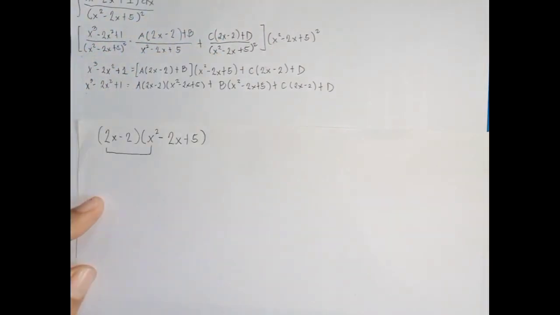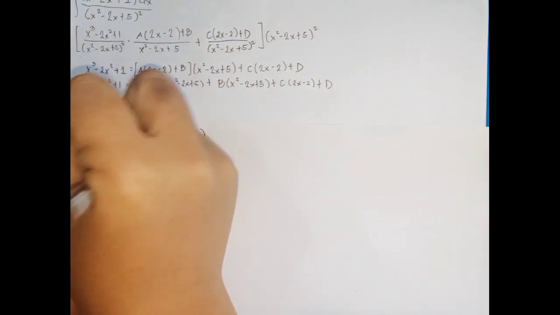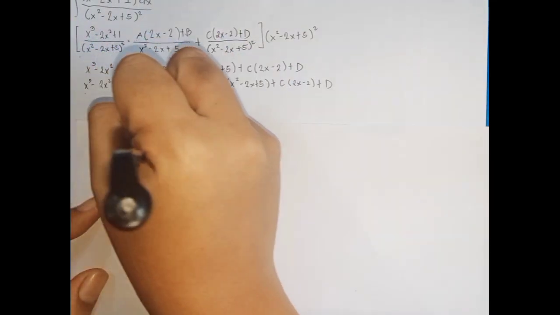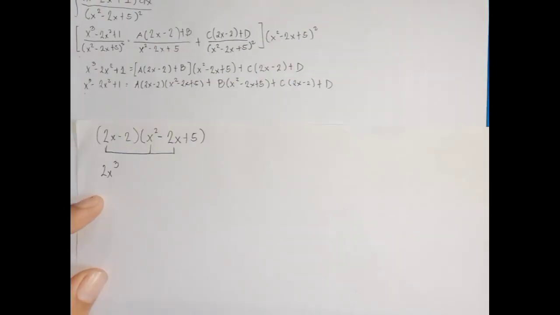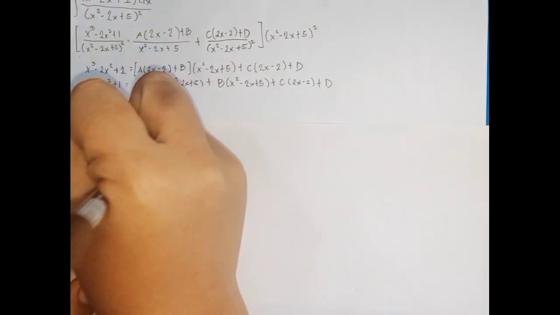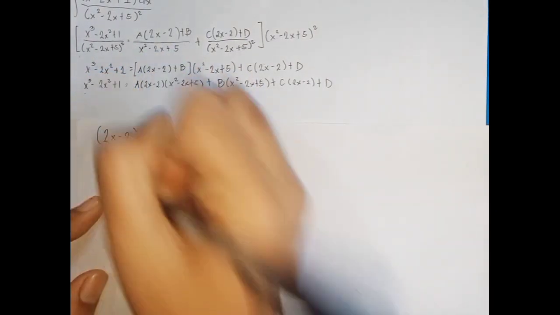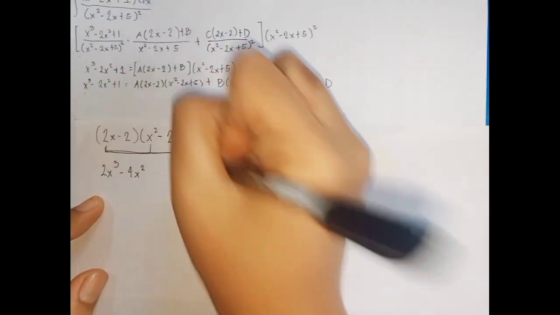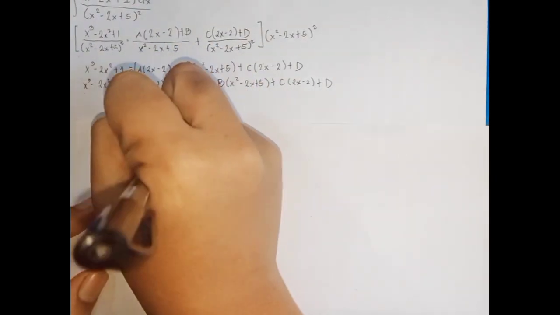2x times x squared will be 2x cubed. 2x times negative 2x will be negative 4x squared. 2x times positive 5 will be plus 10x.